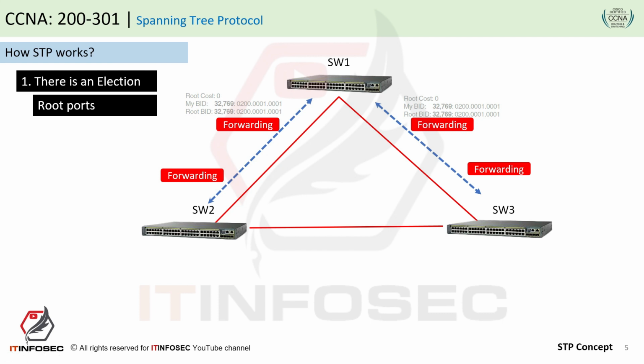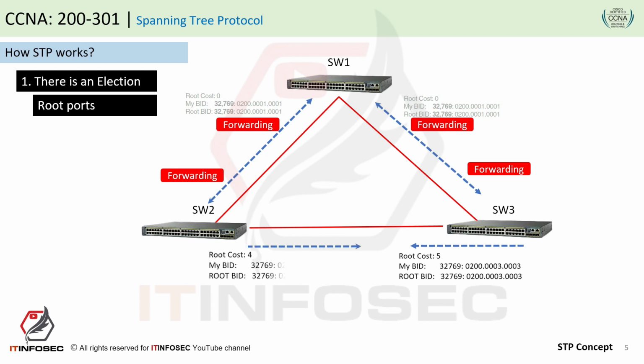If you want to check between SW3 and SW2, we can see that the total cost will be more than their other ports. I said for example 19, maybe 0, maybe 2, maybe 4, and any other values. I will discuss the cost and the default values later. Because the SW2 interface to SW3 has a cost of 4, and it will be summed with the 5 received from SW3, it will be more than the other port.